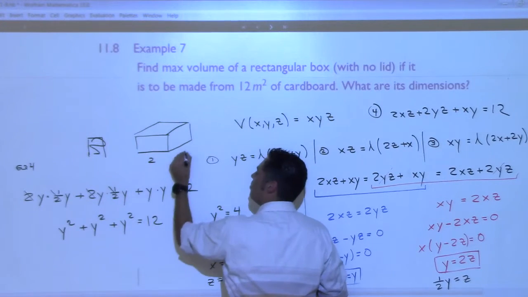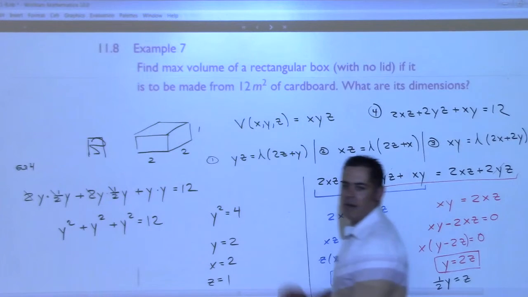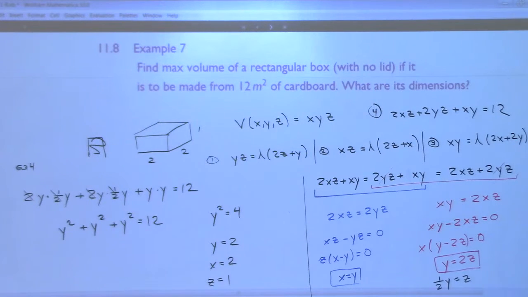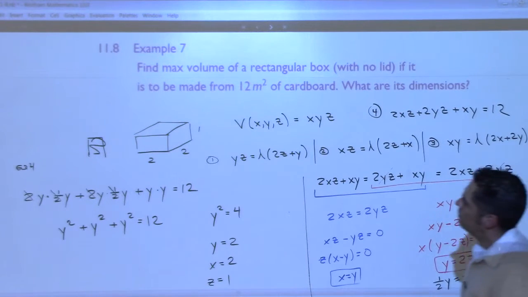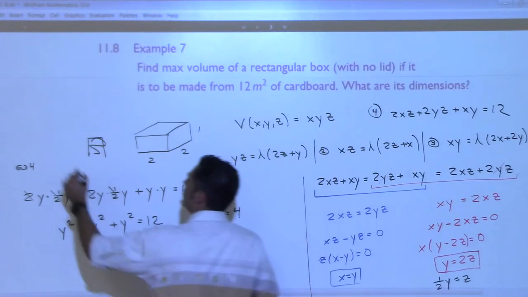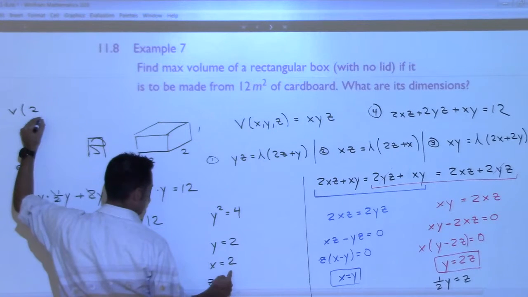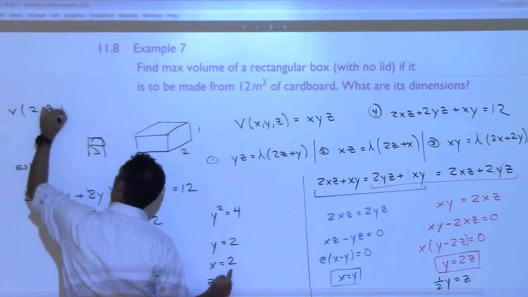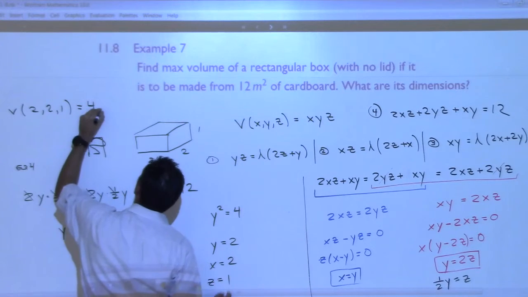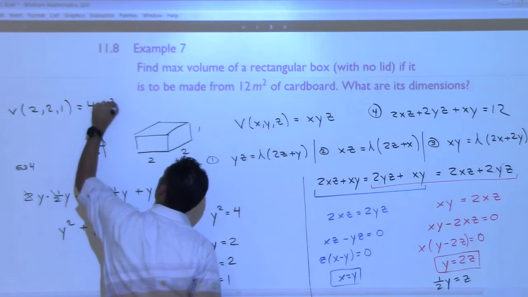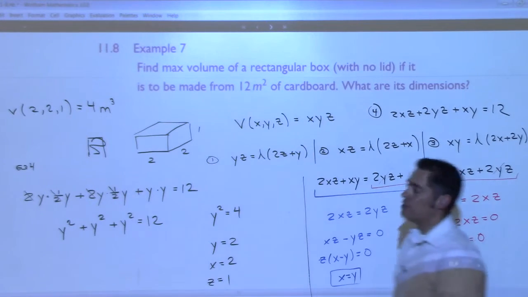So this is 2, and that's 1, right? That's what we found. So what's the maximum volume? 4. So the maximum volume is the volume when you have 2, 2, 1, which would be 4 cubic meters, because it's a volume.